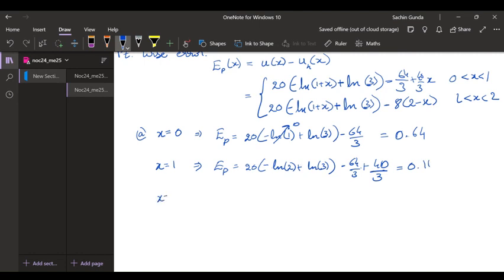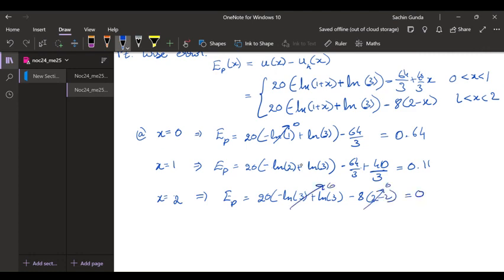And for x is equals to 2, the first analytical expression is 20 times minus natural log 3 plus log 3 minus 8 times 2 minus 2. This is 0 and this is 0.